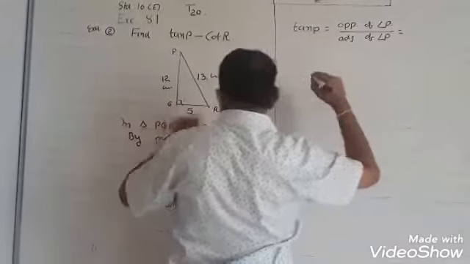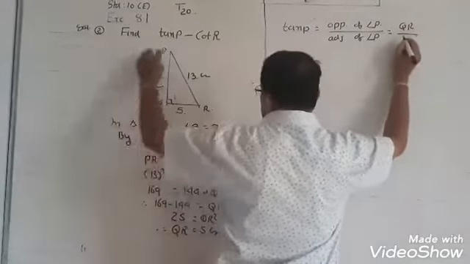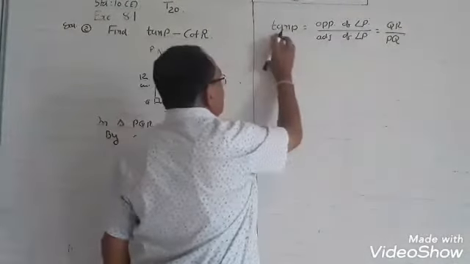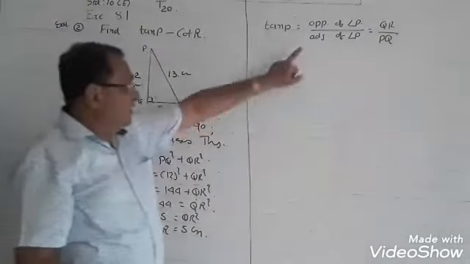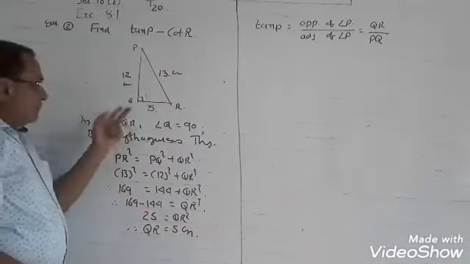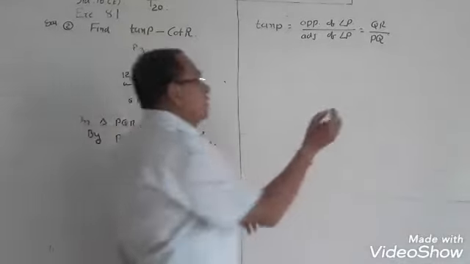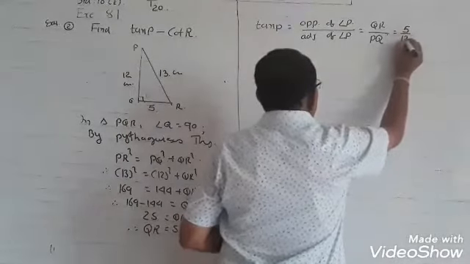Which is your opposite side? QR. Which is your adjacent side? PQ. The main thing you need is that tangent of P is equal to opposite side upon adjacent side. Everything else is as usual. Find the third side, find the tangent ratio, put the values. Tangent P is equal to QR upon PQ, which is 5 upon 12.